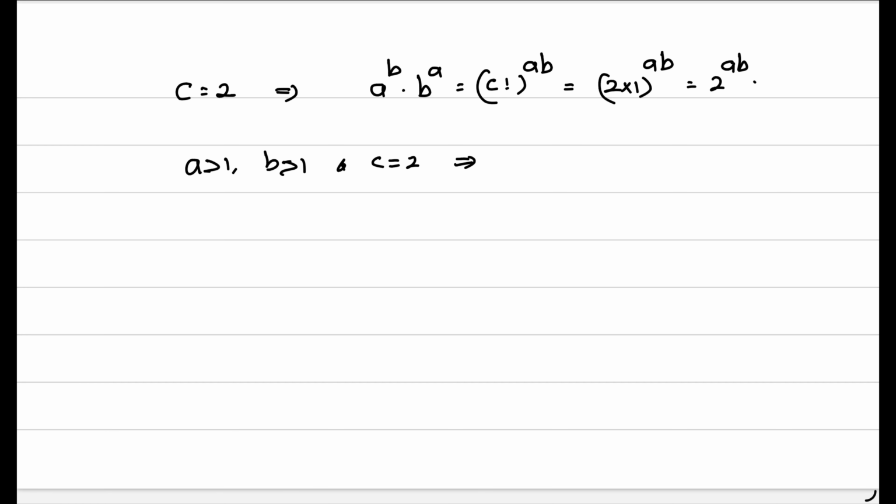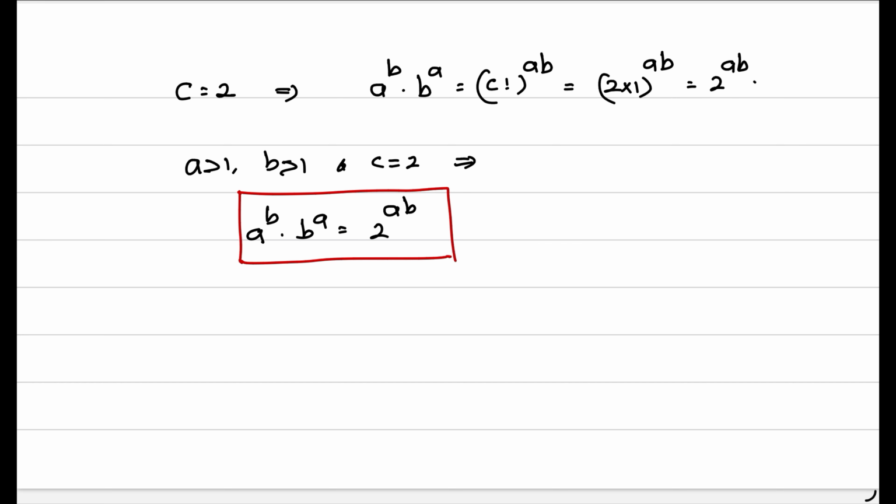We have to find the solutions for this equation. A to the power of B into B to the power of A is equal to 2 to the power of AB. This is the final equation. For this, what are the possible solutions?